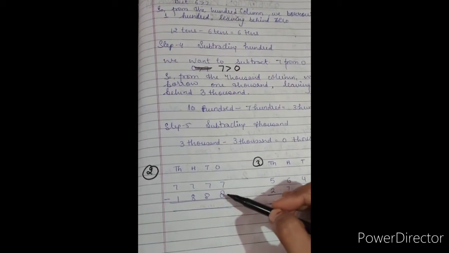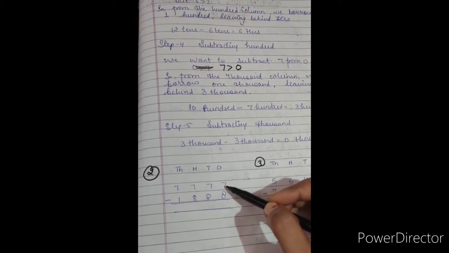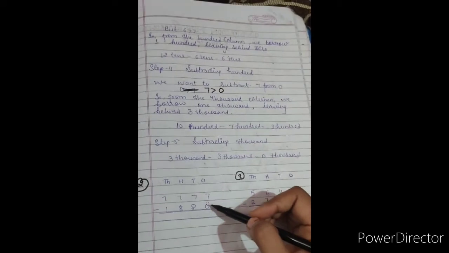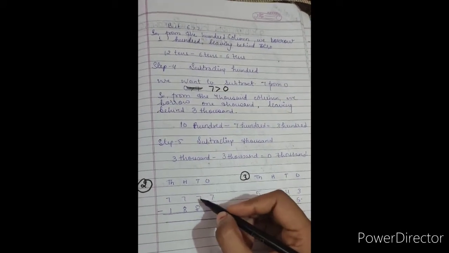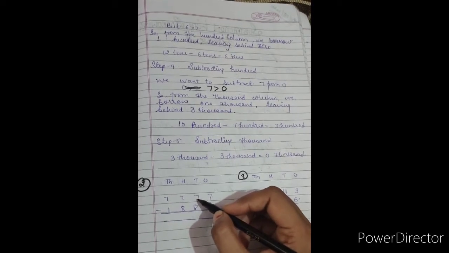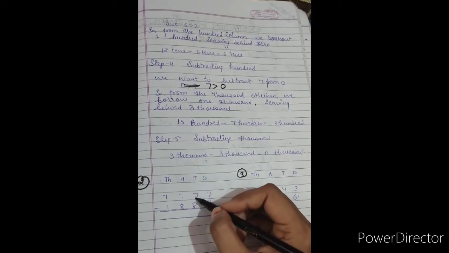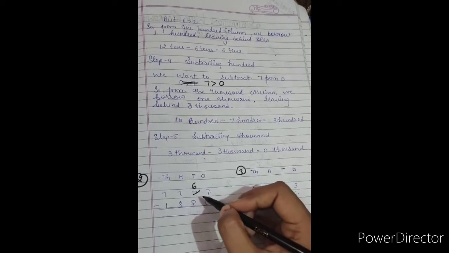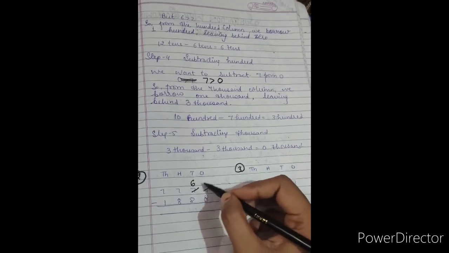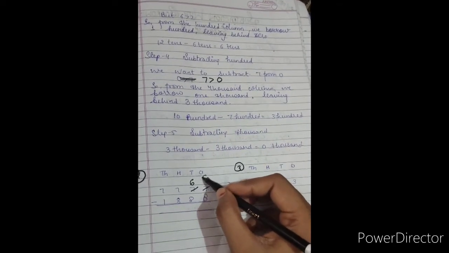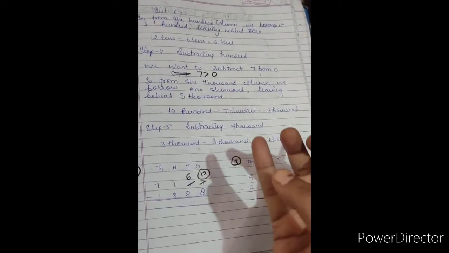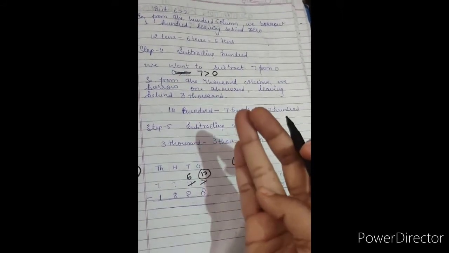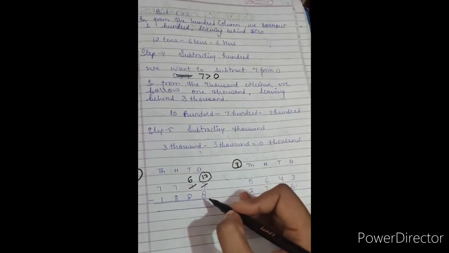Subtracting ones. We want to subtract 8 from 7, but 8 is greater than 7. Then we borrow from tens, leaving behind 6, and 7 becomes 17 ones. Now 17 ones minus 8 ones is 9.